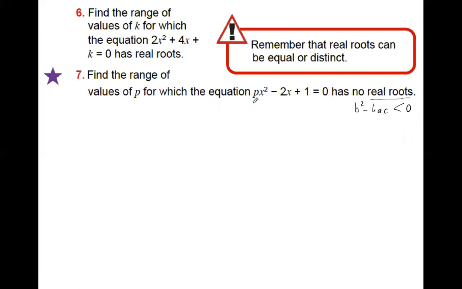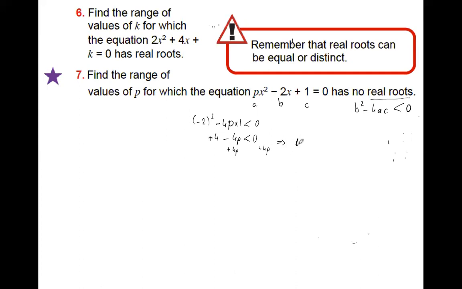So I've got a here, b here, and c here. b squared means negative 2 squared, minus 4p times 1. This should be negative. Negative 2 times negative 2 is positive 4, minus 4p is negative. Because I like everything to be positive when it comes to p, I'm going to add 4p on each side.